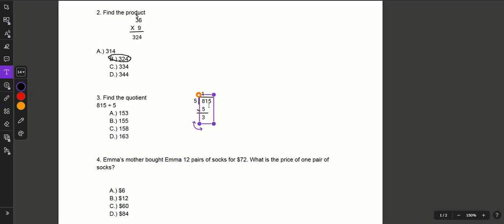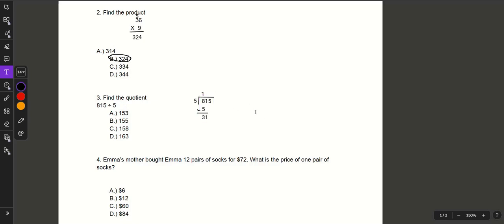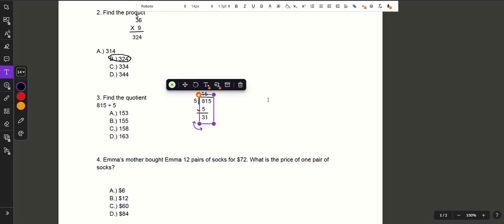And then we bring the next number down here, which will be 1. The closest number 5 can get to 31 will be 30. And to get 30, you have to do 5 times 6. So you put the 6 up here. And then we'll subtract this by 30, and then we'll get 1.